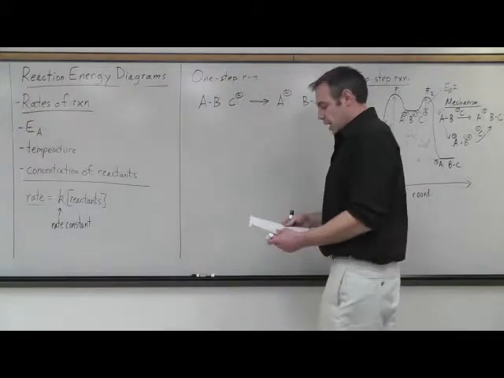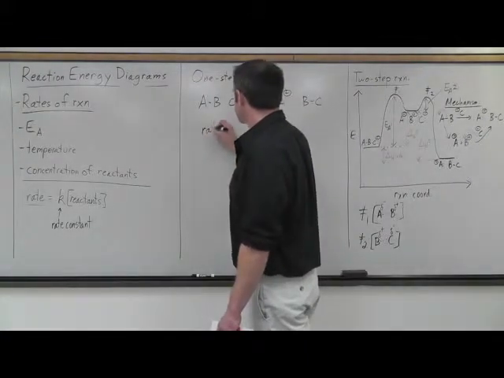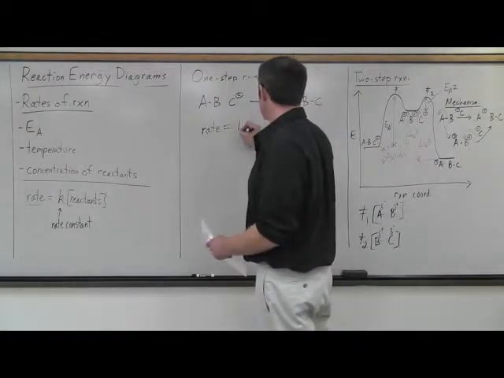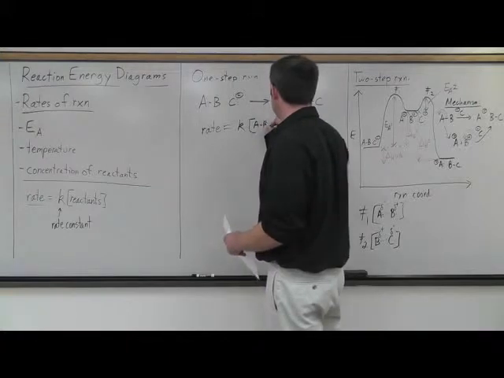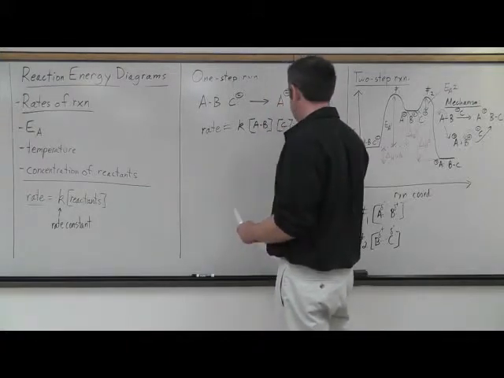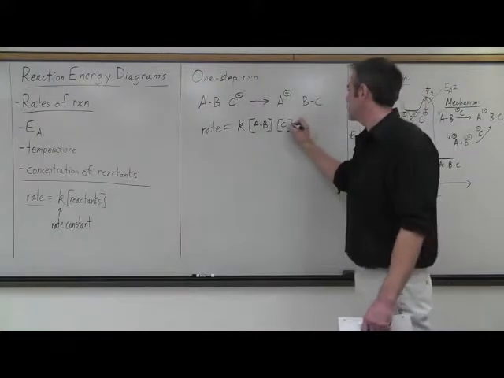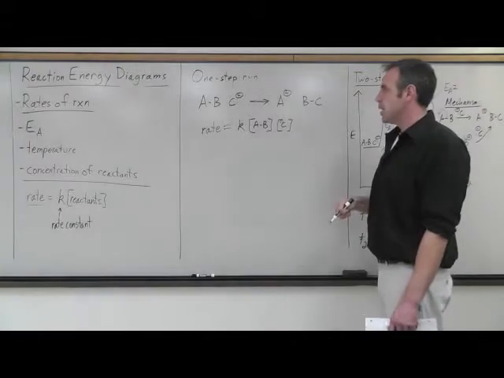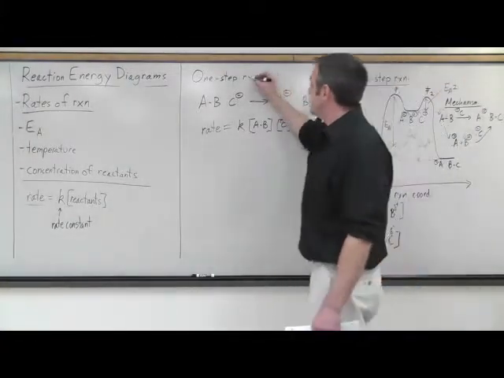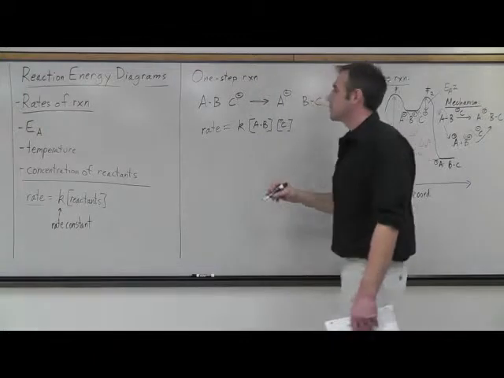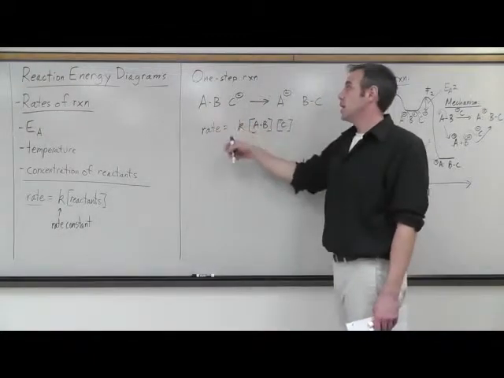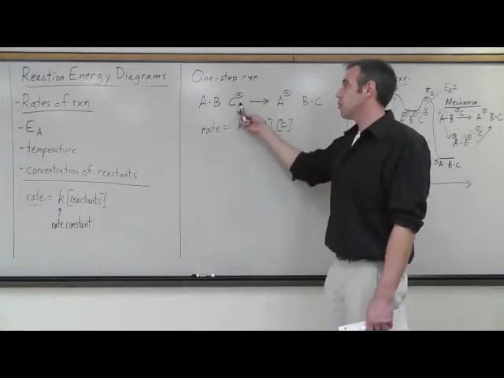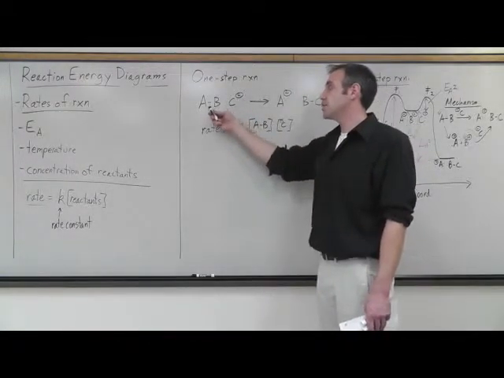If we think about our one-step reaction, we can write an equation for the rate that looks like this. In this one-step reaction, both molecule AB and anion C were involved in that step, because it required C forming a bond to B as this bond was breaking.